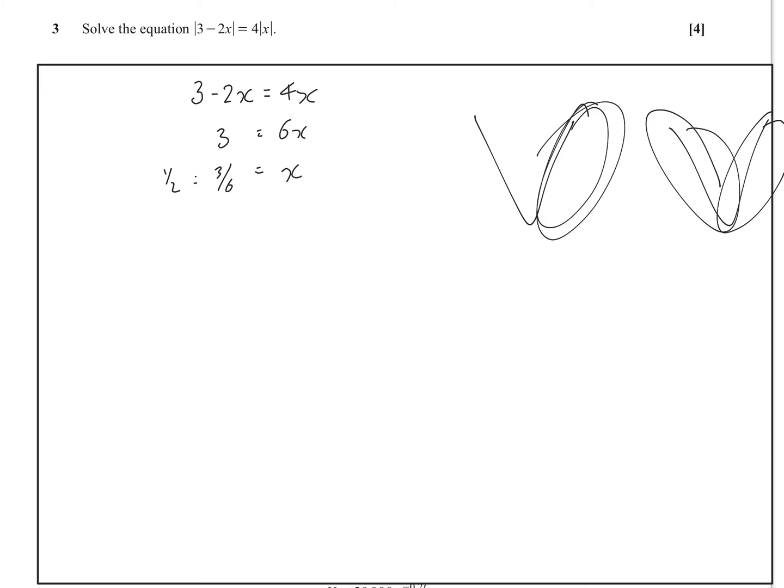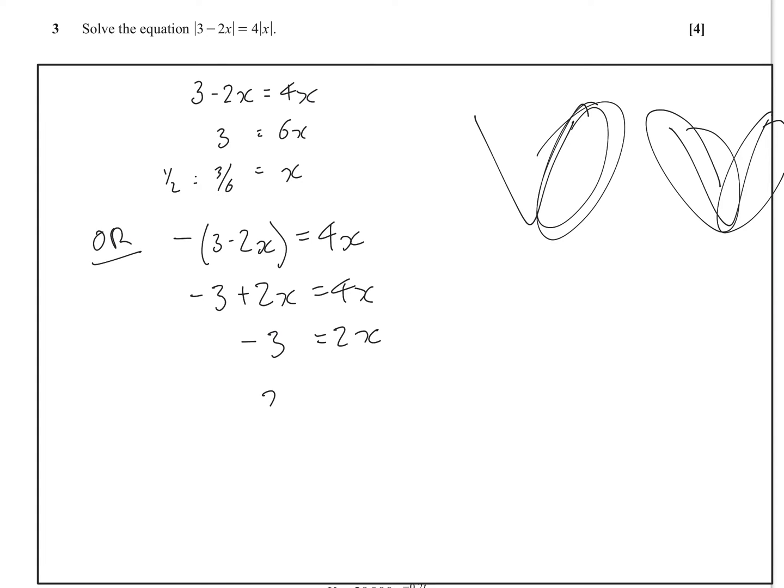Therefore, you've got to consider when minus 3 minus 2x equals positive 4x. So you've then got minus 3 plus 2x equals 4x. So you've got 2x is minus 3, so x is minus 3 over 2.